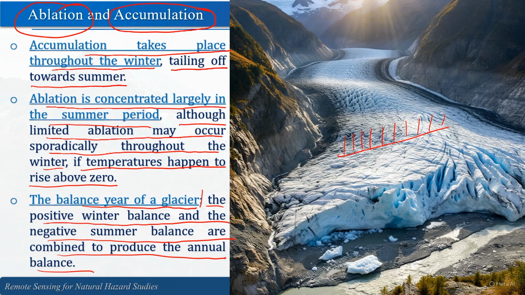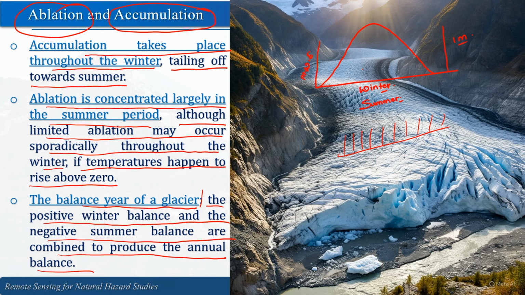As I said, if you draw the graph, let us say this is the solid precipitation, here in meter water equivalent, and let us say this is 1 meter. Now, this is winter. In summer, again let us put summer here.